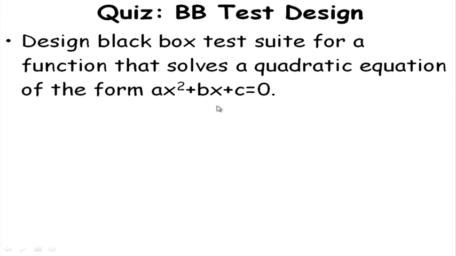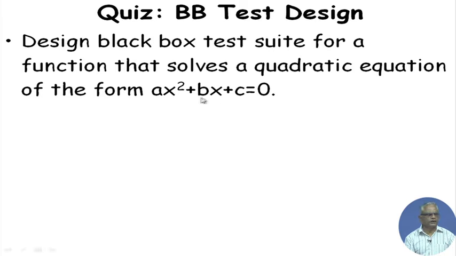The output may be that the roots are coincident and they are the same roots, and then we might have distinct and real roots, we might have imaginary roots. So, depending on the values of b square minus 4 a c, we might have different solutions, different scenarios that might be occurring.